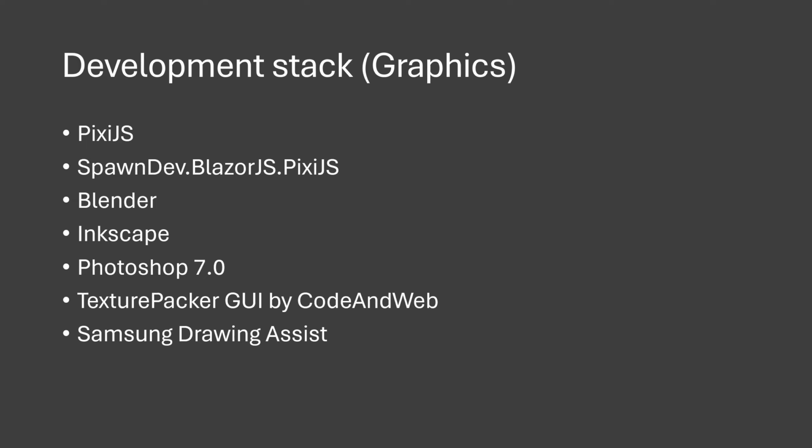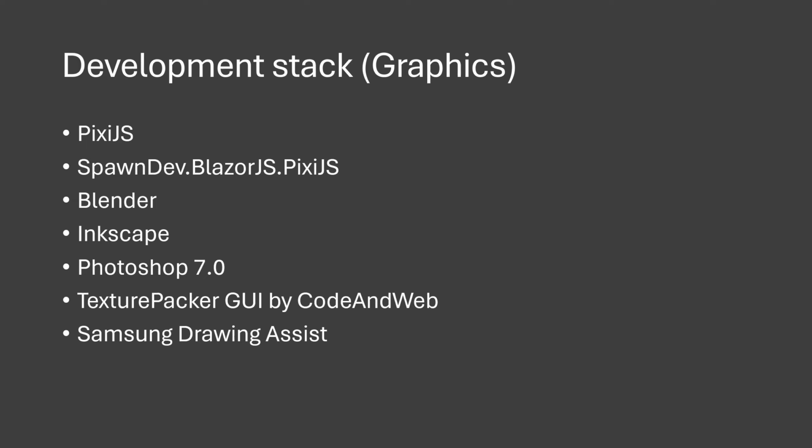And so we will be using that. However, as great as it is, it looks like the Blazor Pixie.js wrapper library is still in development, or maybe, I'm not sure, it could have been abandoned.